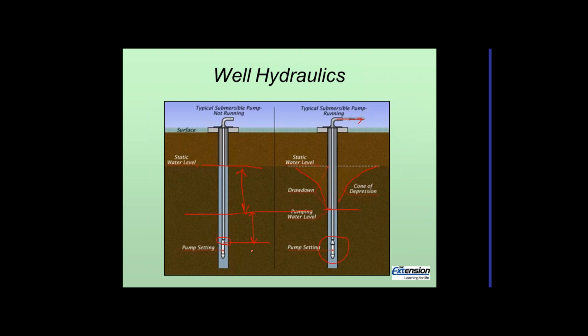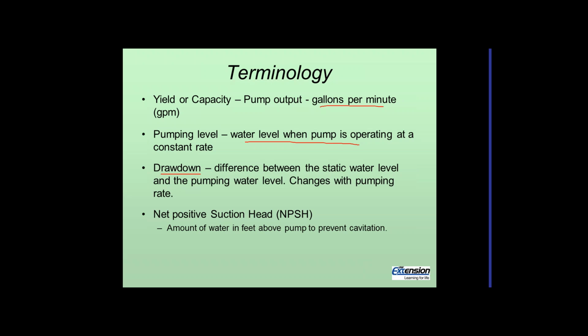All pumps will have that, and we'll show you how to find out what that needs to be in a few slides. But that's important because it prevents cavitation. If there's not enough water or positive pressure at the inlet of the pump, it'll create a vacuum and you'll get cavitation.